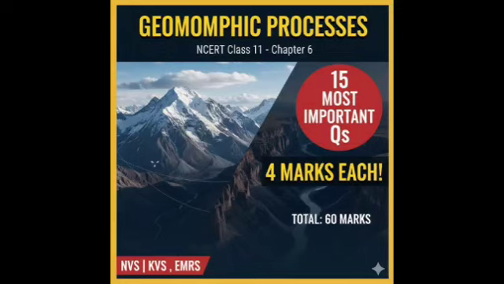Next is salt weathering. Salt crystallizes and expands in rock pores as water evaporates. As a result, rock crumbles or pitting happens. For example, crumbling of sandstones in coastal areas.